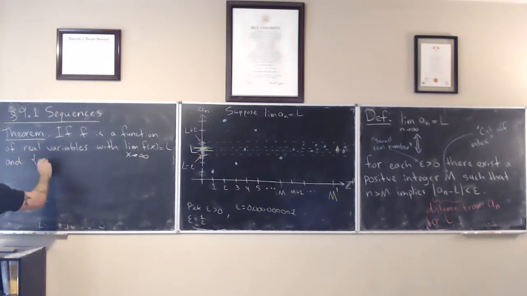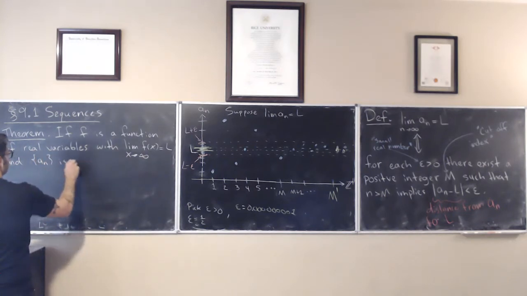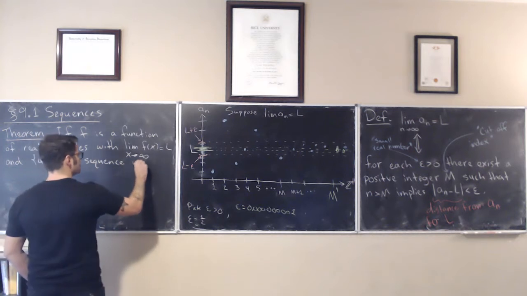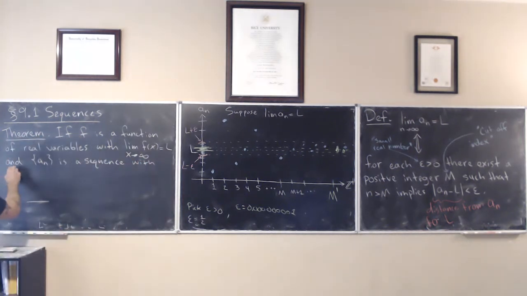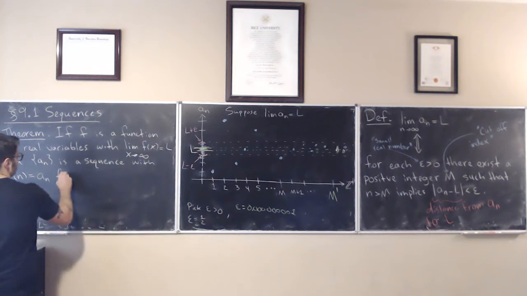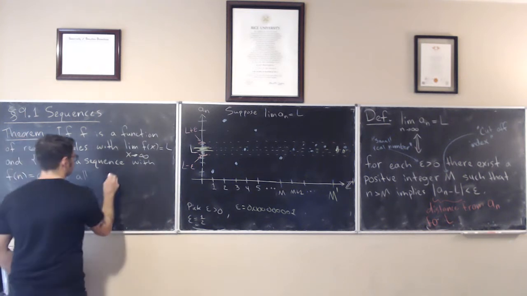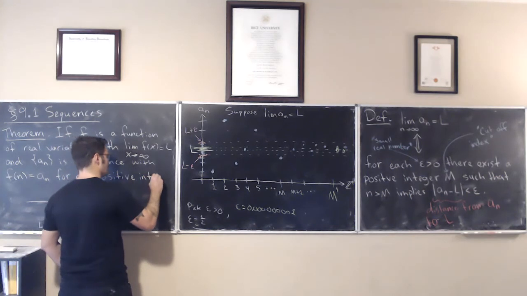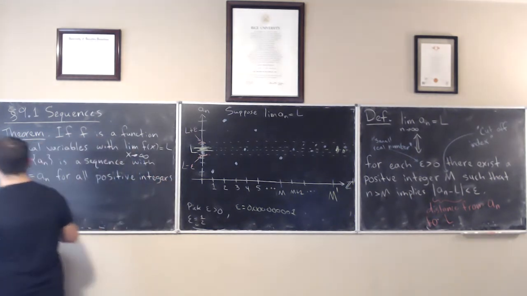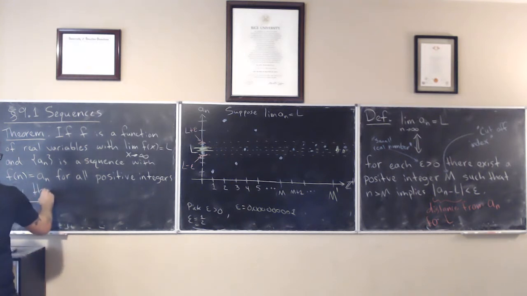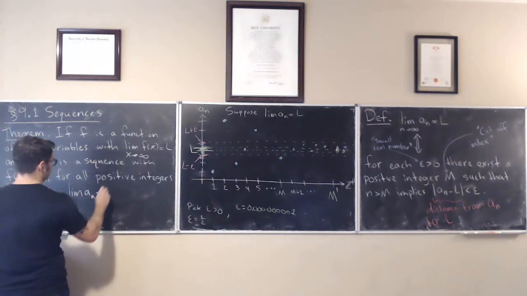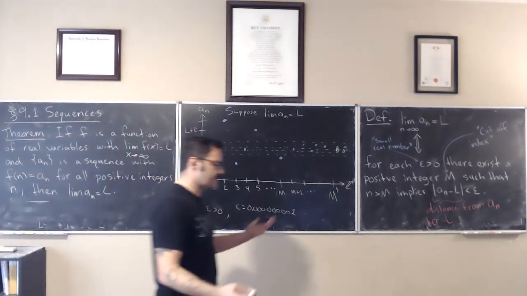And a sub n is a sequence with f evaluated at n equal to a sub n for all positive integers n, then the limit of a sub n is equal to L. Which makes sense, right?